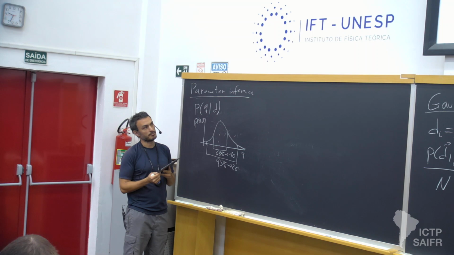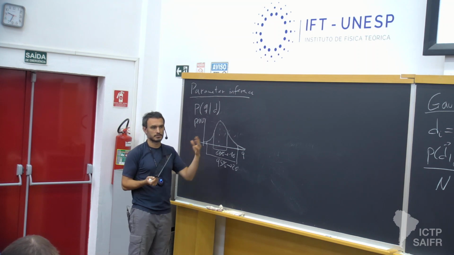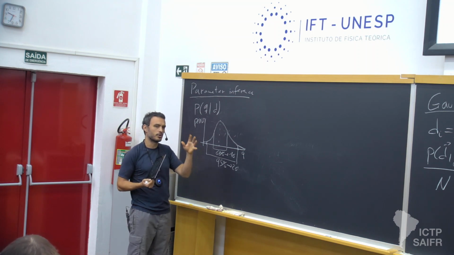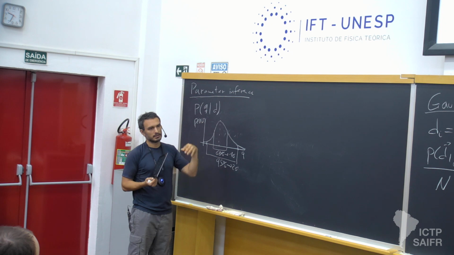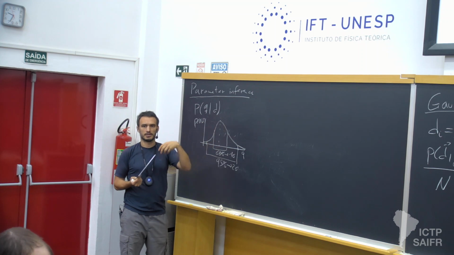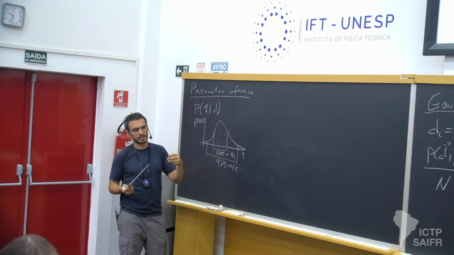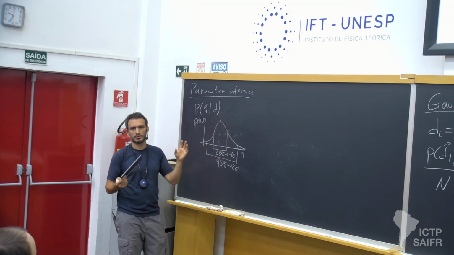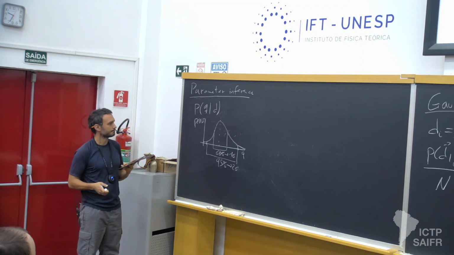What do we do if we have more than one parameter? In usual likelihoods, you'll have at least like 4 or 5. Normally, for large-scale structure, because we have so many nuisance parameters, all these bias terms, multiplicative biases, things like that, you can end up with several tens of parameters, so 20, 30 parameters. What do we do in that case?